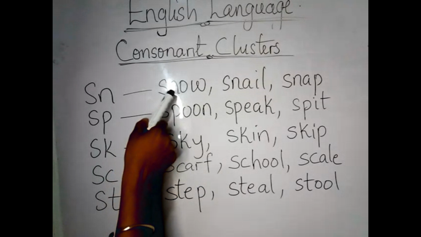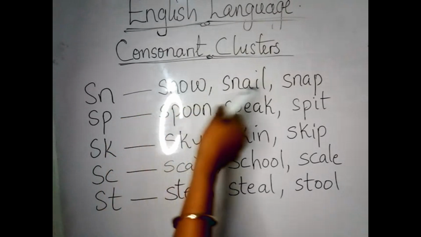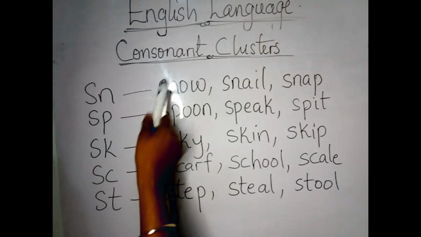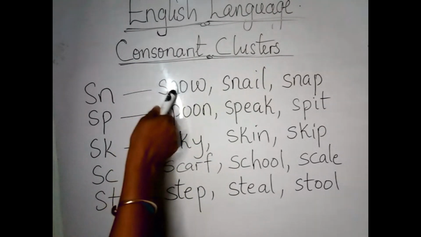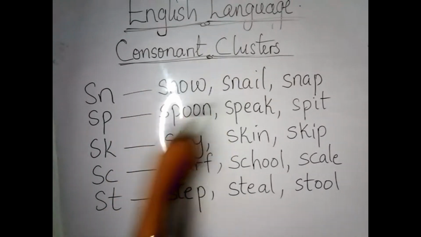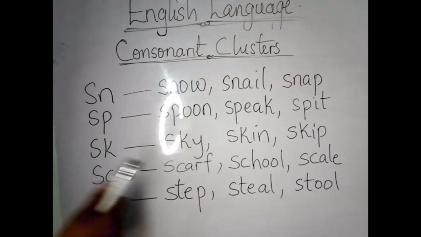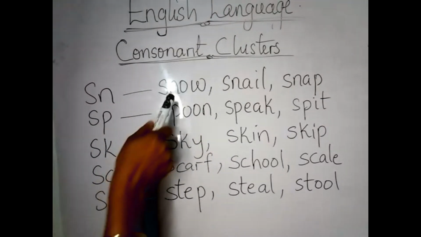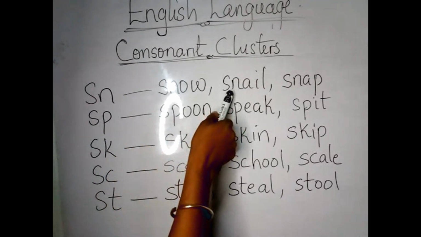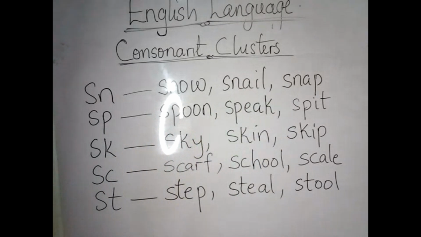From the sound of the words, you can still hear the sound of S and then the sound of N. When we move on to digraphs, you will understand why I'm stressing that in these sounds, the consonants that are combined still retain their individual sounds. So, snow, snail, snap.